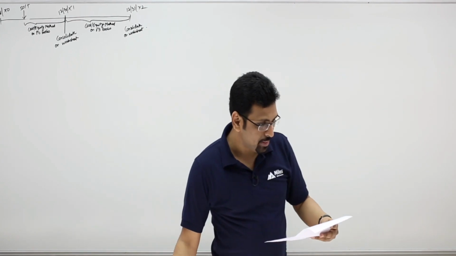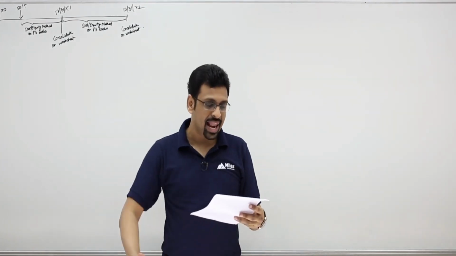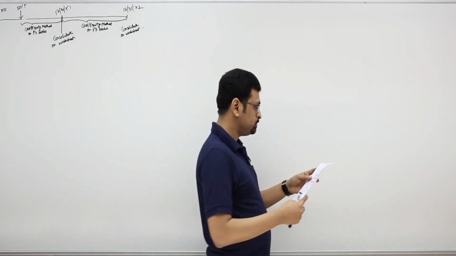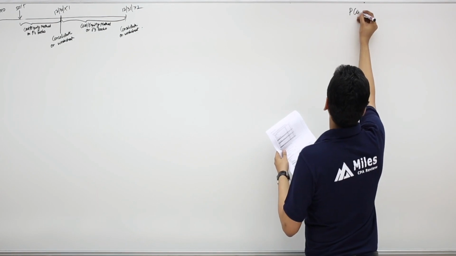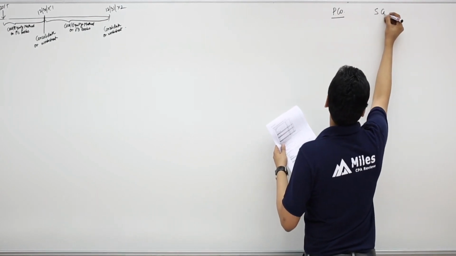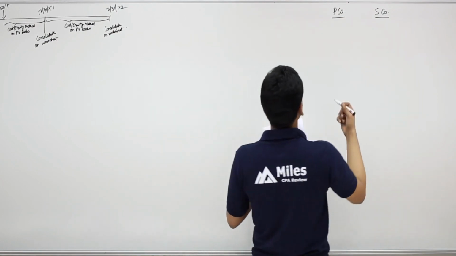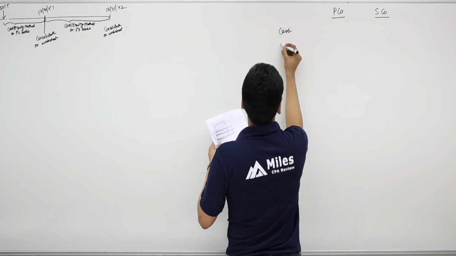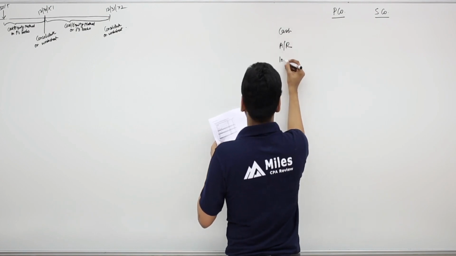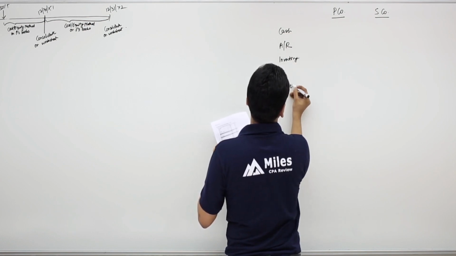You've got balance sheets for the P company and the S company. You've got assets, liabilities, and equity. So let me do it here. We've got the parent and sub. Generally, whenever you have P and S, P stands for parent, S stands for subsidiary. You've got cash, accounts receivable, inventory, and equipment, PP&E.